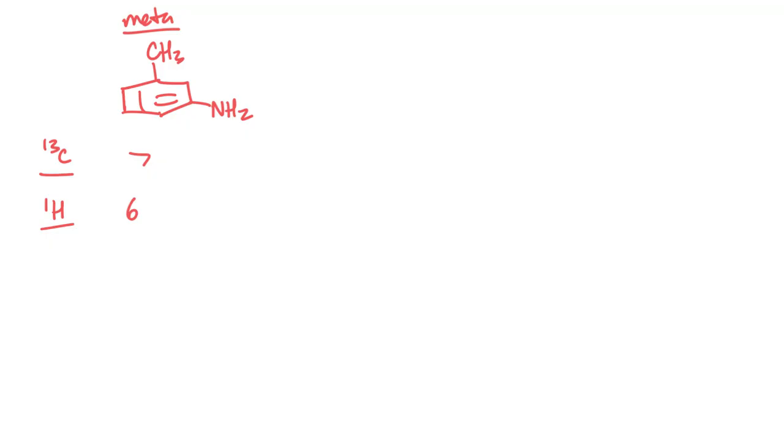And let's try to estimate what the signal would look like based on the number of neighbors. So the methyl group is a set. So the carbon has 3 attached hydrogens. If we look at the number of neighbors, how should that signal appear in the proton NMR?